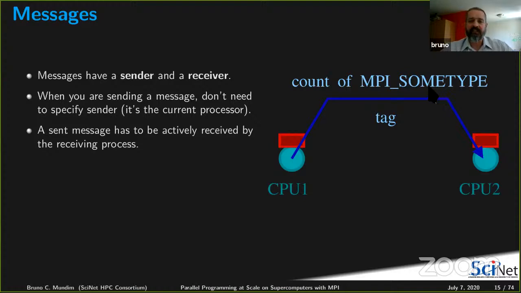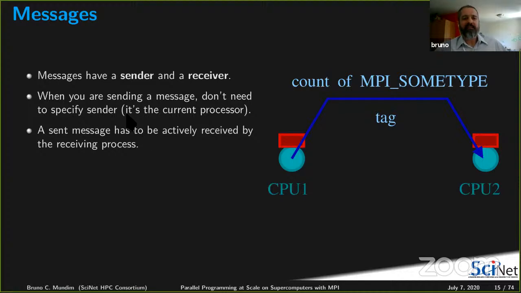And in order to send this message, this message can also have an identification number that we call a tag. So one node or one CPU, one task can send a message to the other one, and that message will have an identification so that the task running on this CPU, on this node, knows what to do with the particular message that it's receiving.